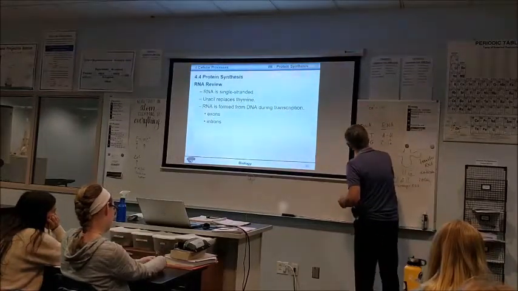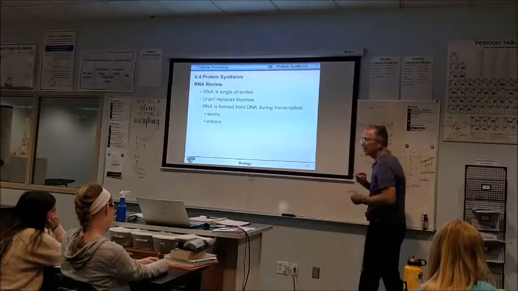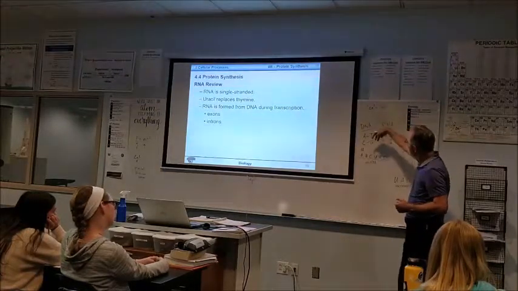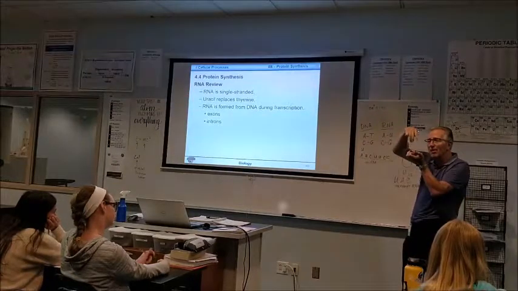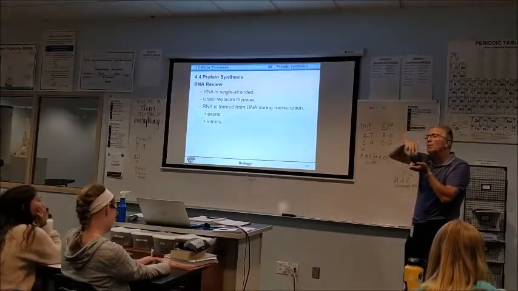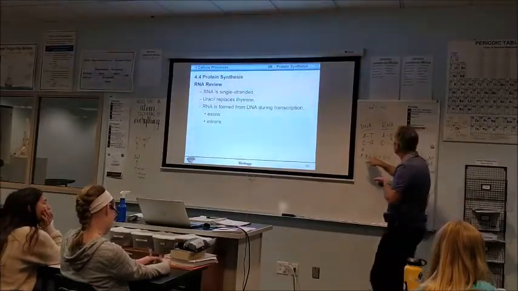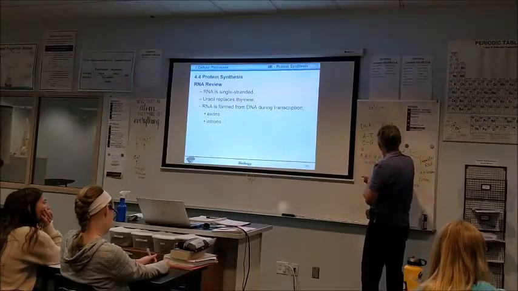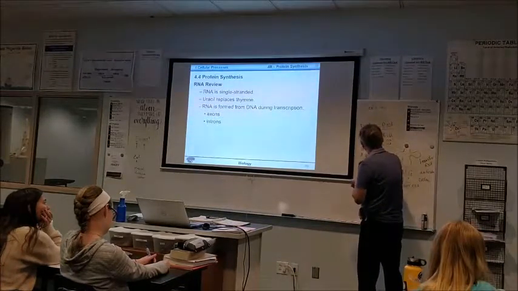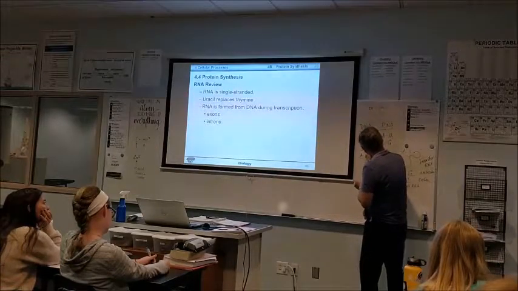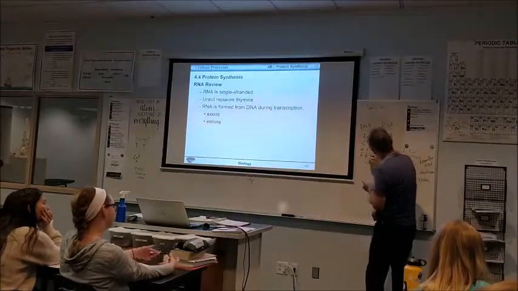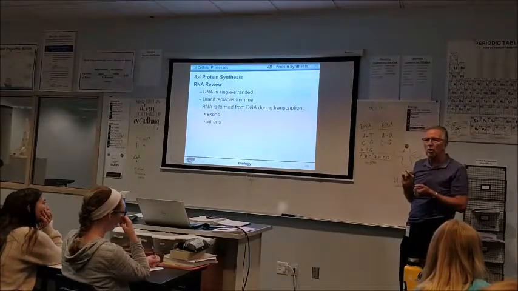A U. So in the transfer RNA, it needs to have this code to match up to bring the right amino acid. So with an A goes U, with the U goes A, and with the C goes G. So the bottom part here is the codon.